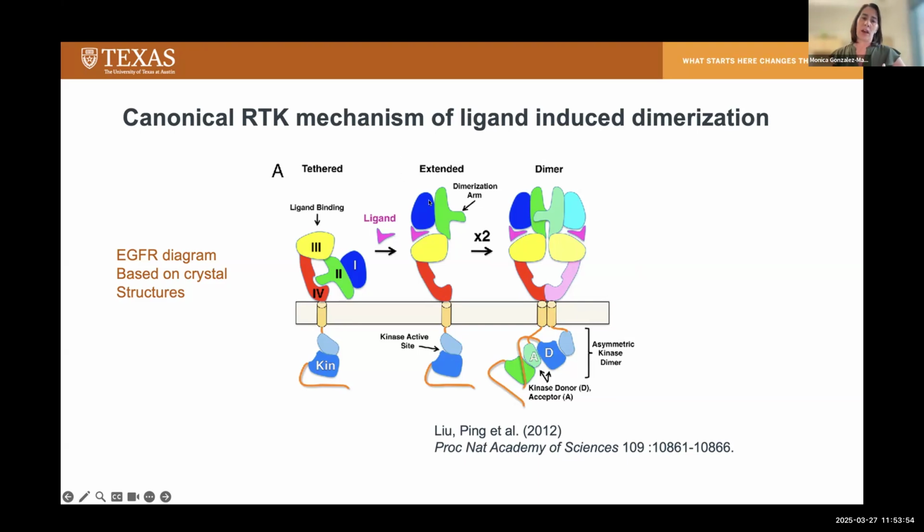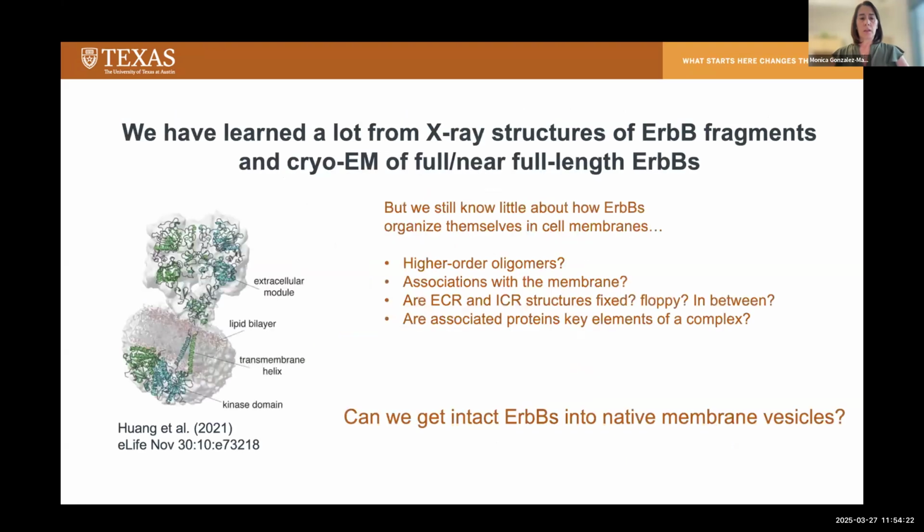When the ligand interacts with the ectodomain, the ectodomain extends, allowing dimerization of the receptor, and that activates the intracellular region through a kinase dimer that phosphorylates the C-tail, which recruits adapters and effectors.